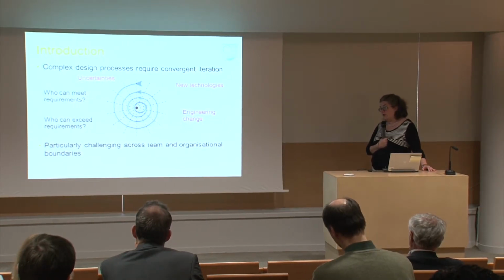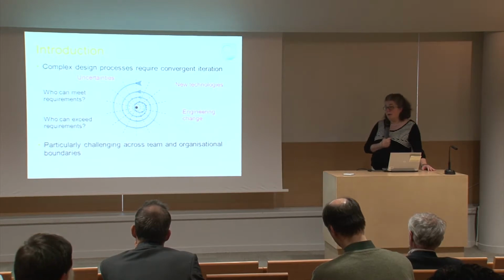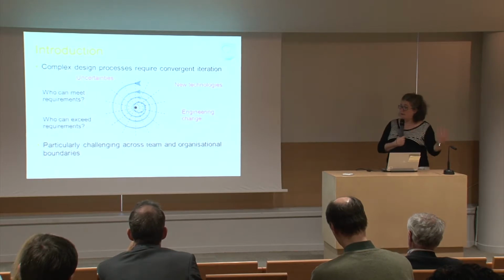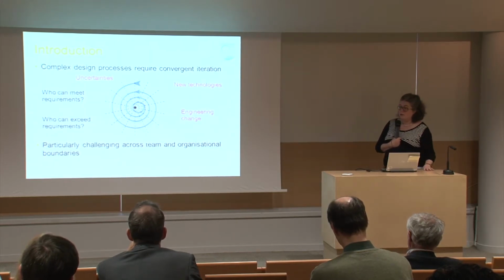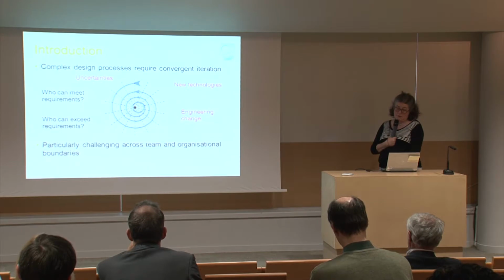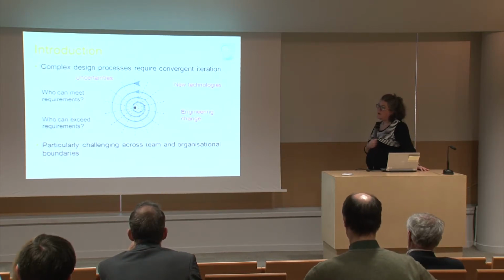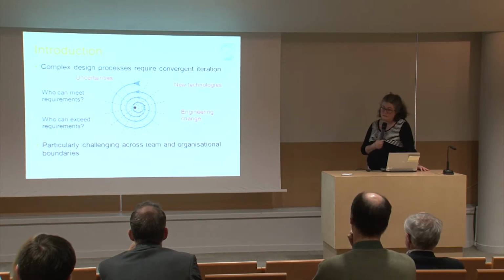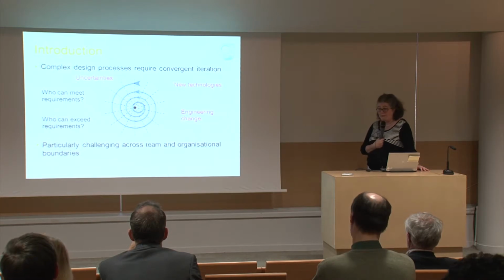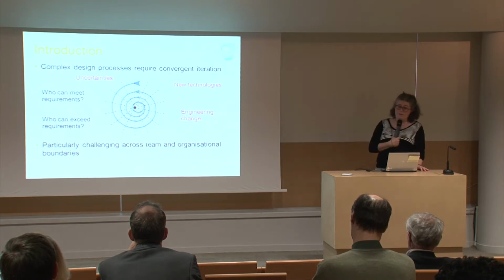Because if you have a margin to accommodate something, you don't have to go through an iteration loop. But on the other hand, you might run the risk of either having not the right technology readiness or an over-designed product. But we found that this is also very challenging across organizations and across teams, because since margins is an inherently fairly uncertain concept and people aren't very likely to share it with each other because they don't like to share uncertain information.